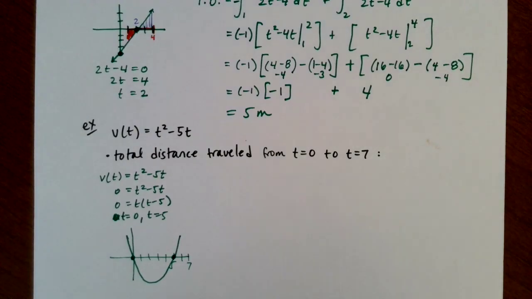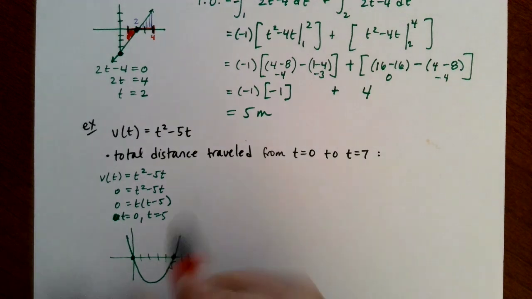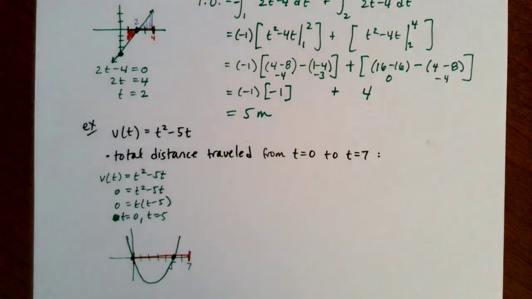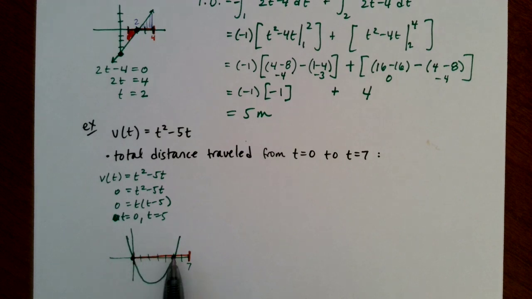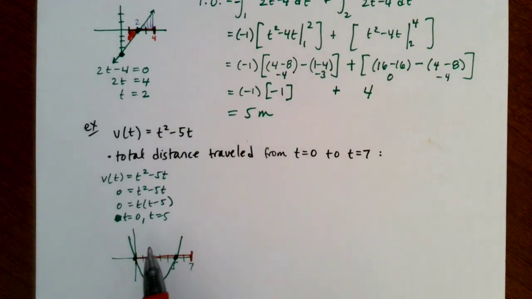Okay, so once we get this rough picture, we want to remember what the interval of concern was here, 0 to 7. So within 0 to 7, 0 to 5 was contributing negative area to the problem. So I'm going to break off the integral 0 to 5 and just put a times minus 1 in front of it like we did here, so that all this area where it comes out negative, we're going to make it positive.